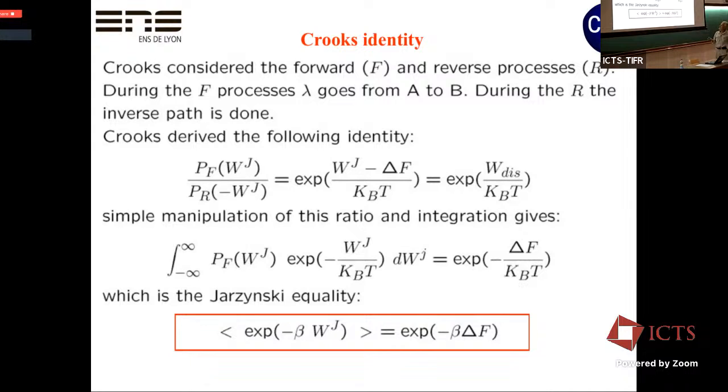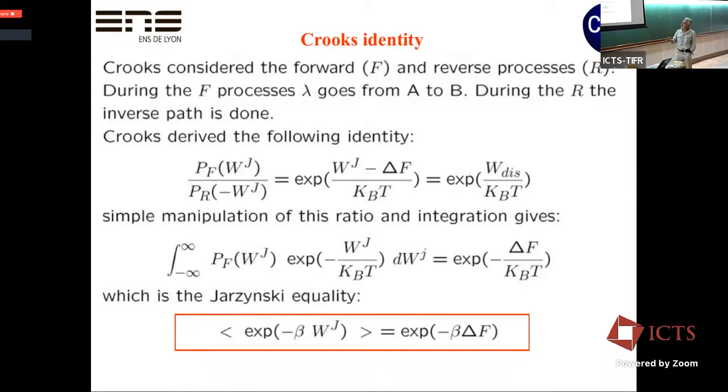What the Crooks equality tells you is that the probability of having the work done in the forward process to go from A to B, with respect to the probability of the reverse process with the work done minus W in this direction, is just equal to the exponential of the dissipated energy.